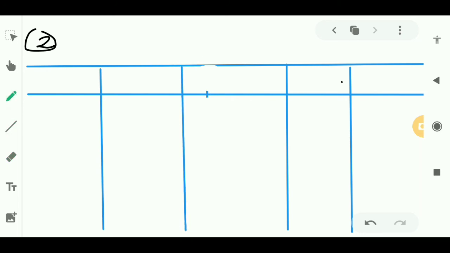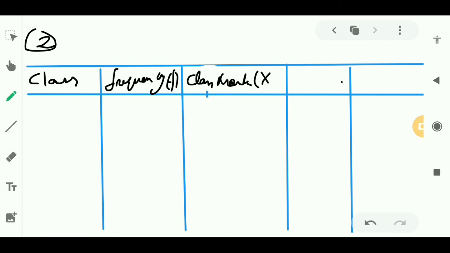So first one will be again class, then frequency, fi, then class mark, it is xi. I in suffix written means number of terms, I may be any natural number.